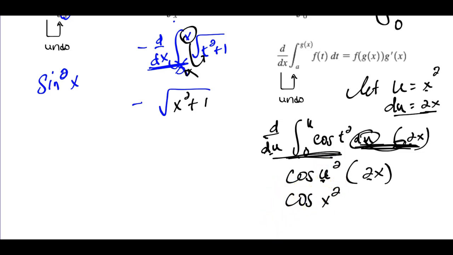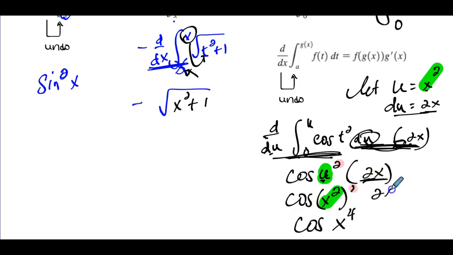Well, remember this u is x squared, and so I need to square the x squared term. So I think I'm going to end up with the cosine of x to the fourth, and I'm just going to throw that 2x out front.